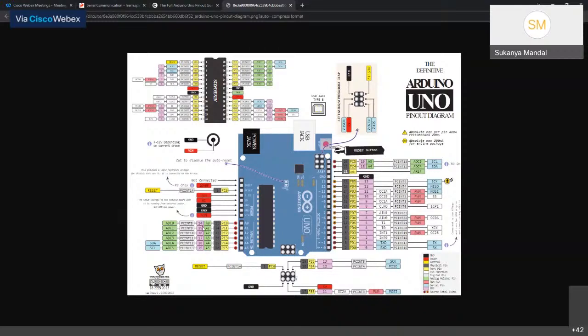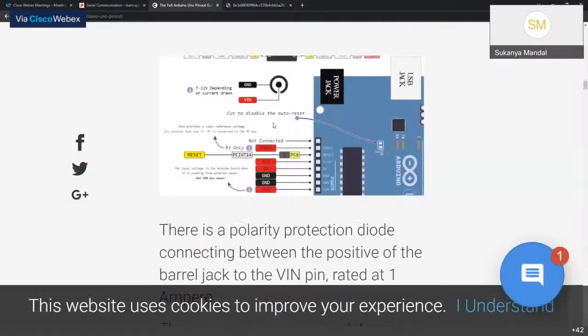These pink ones, 14, 15, 16, 17, 18, 19, and here 0, 1, 2, 3, 4, 5, 6, 7, 8, 9, 10, until 13, and 18 and 19. You can reference this pin on the IDE while you code the program. So we will see that example in a while.